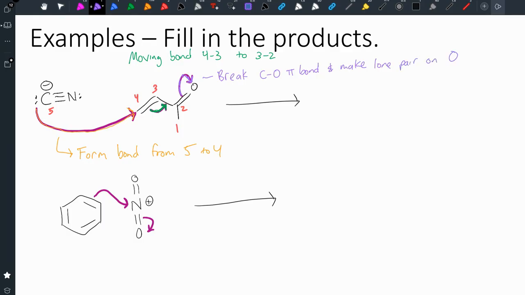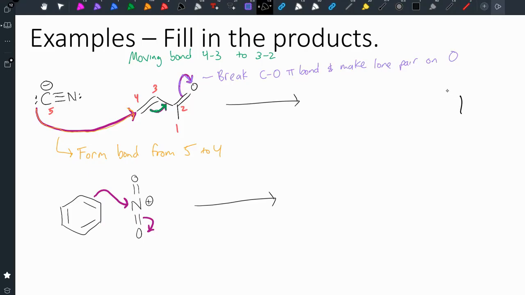And you don't have to write all this out explicitly. I'm just trying to make my thought process clear. But if it helps, write it out explicitly. So now in my product, I have carbon 1, 2, 3, 4, and now there's going to be a new bond to 5. And I feel like I don't like the squiggliness.